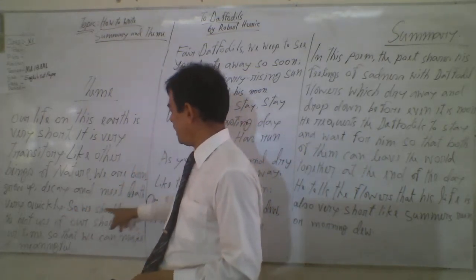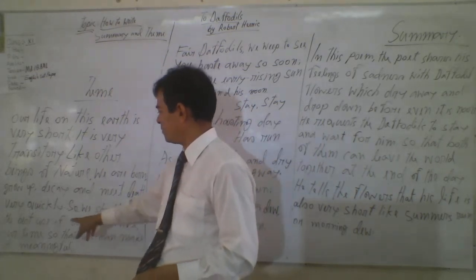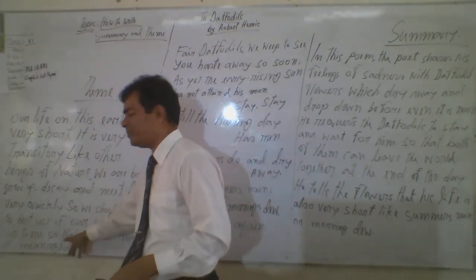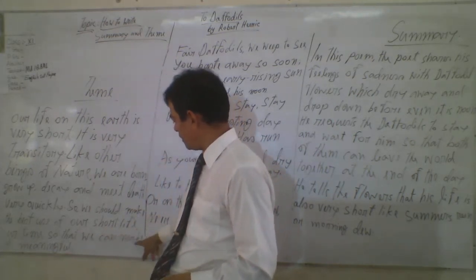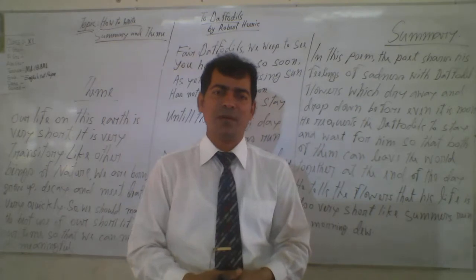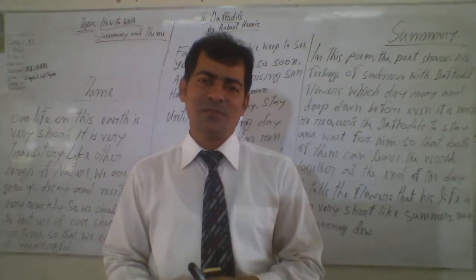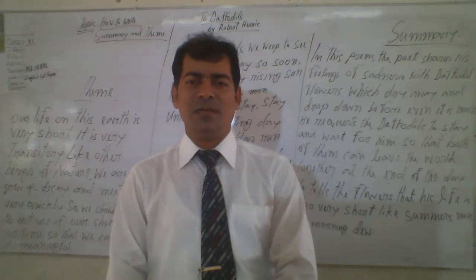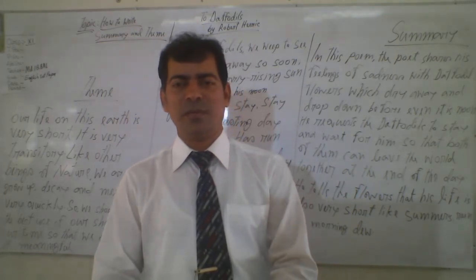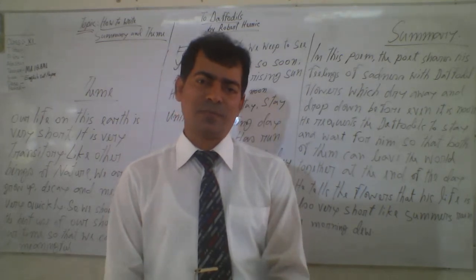So we should make the best use of our short life, our time, so that we can make our life meaningful. This is the internal message. This is the lesson that the poet wants to communicate to the reader.